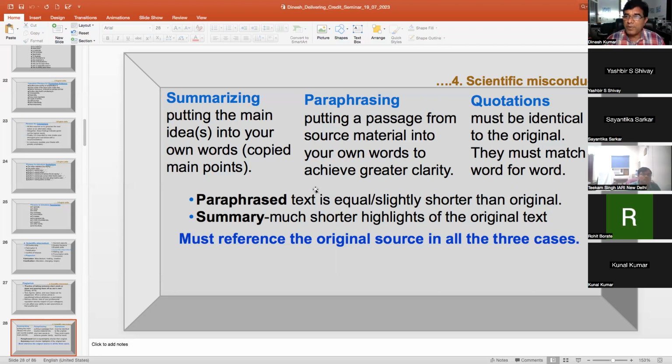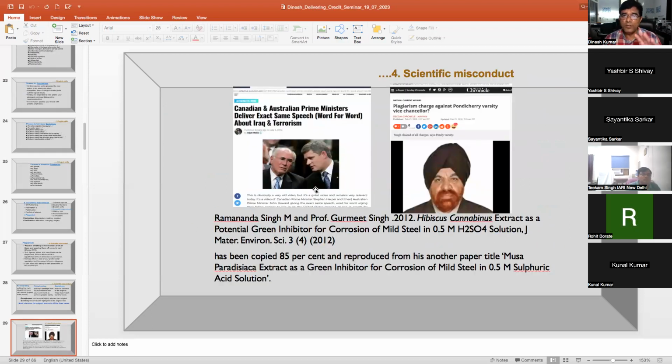If you are doing it, give a reference. Your slides in your presentation should give the source of information in every slide. If you are not giving the source of information in a slide, that means these are your own words and outside the scope of copyright. So that much responsibility we should take.